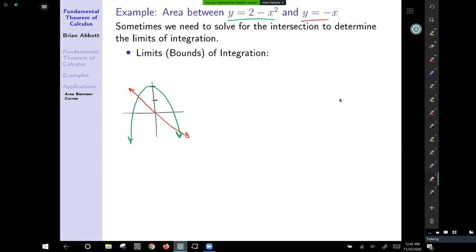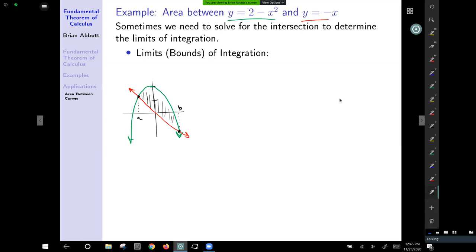If we want to know the area trapped in between these, we're after this area, so we need to know this intersection input, and then this intersection.